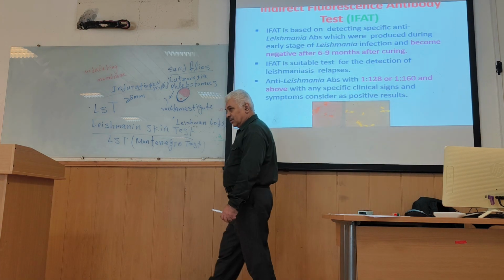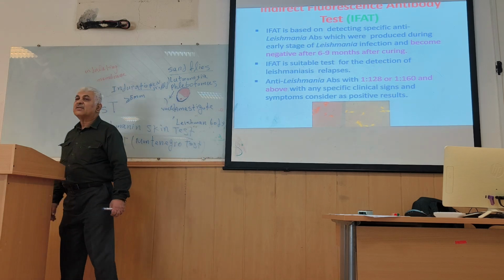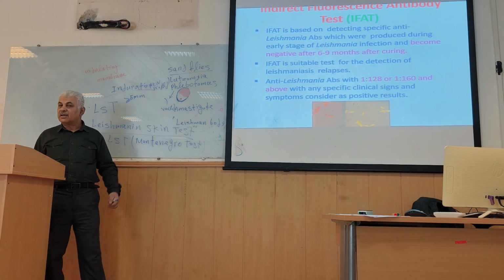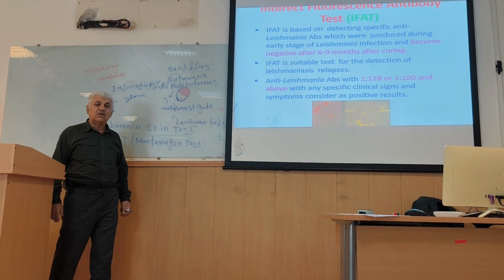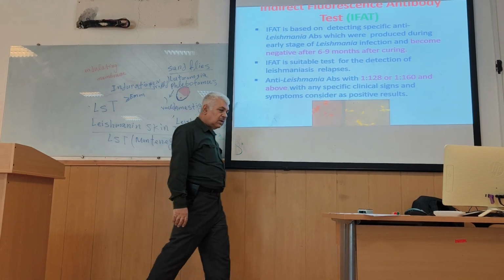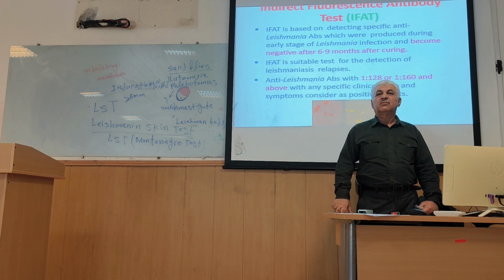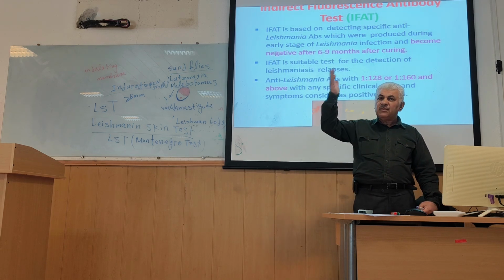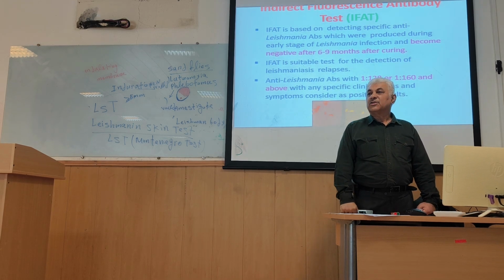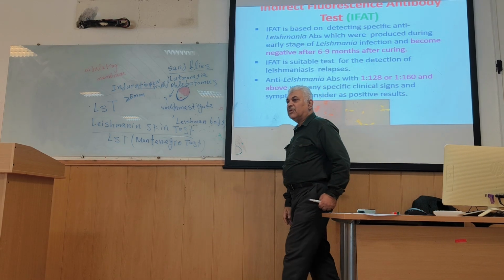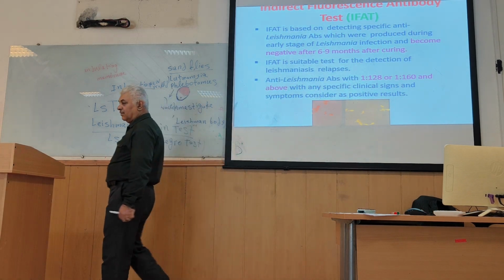For antibody detection, we can use different serological tests. The oldest test is IFA, the indirect fluorescence antibody test. We can use it for the diagnosis of different infectious diseases, such as tuberculosis, typhoid, and so on.